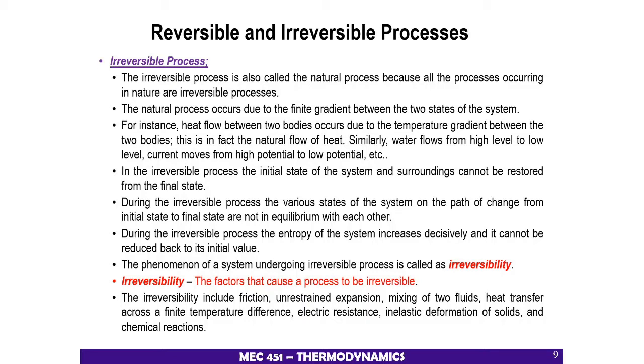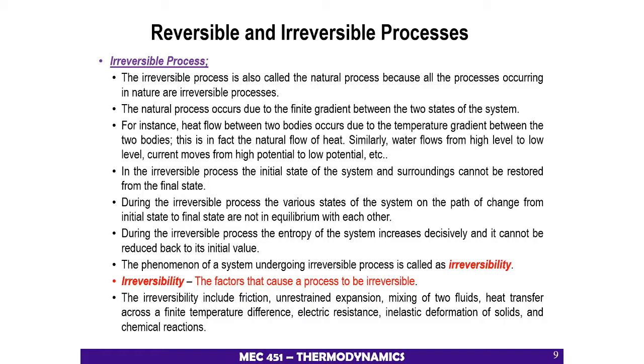For instance, heat flow between two bodies occurs due to the temperature gradient, high and low, between the two bodies. This is, in fact, the natural flow of heat. Similarly, water flows from high level to low level, current moves from high potential to low potential, and so on.